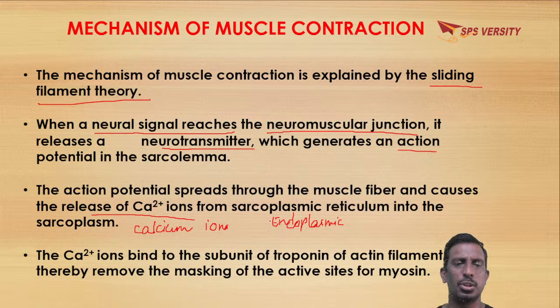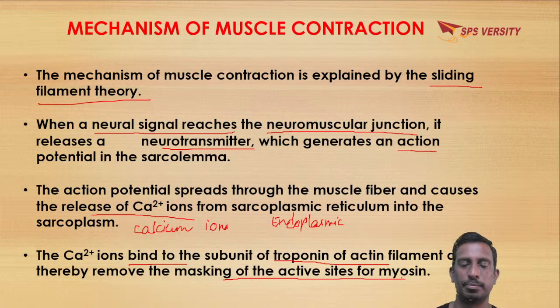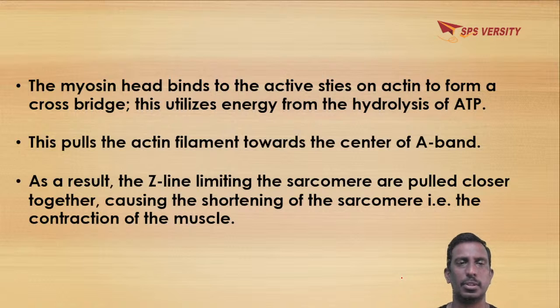What will these calcium ions do? These calcium ions will bind to troponin of the actin filaments. They will remove the masking of the active sites of actin, that is, unmask the active sites of the actin filament.